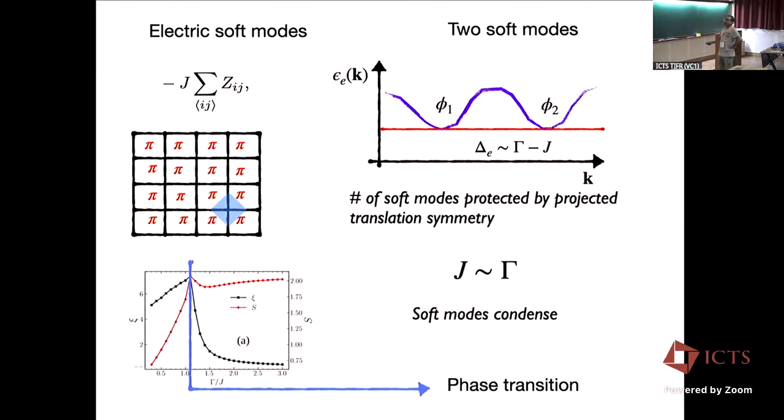So, to understand this transition, one must track the dispersion of the soft modes and their interactions to write down the appropriate field theory, which is not in terms of the order parameter, but in terms of the fractionalized excitations of the liquid.